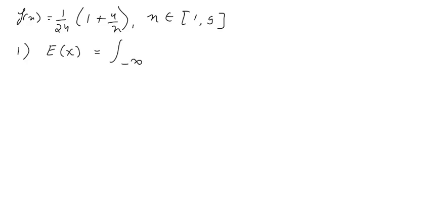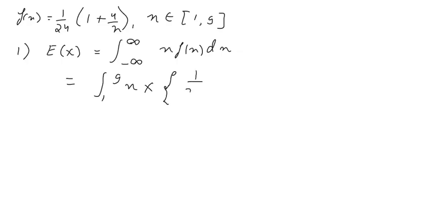E(x) is the integration from minus infinity to plus infinity of x times f(x) dx. Now solving this equation and putting in the values from the given function, we will get the integration from 1 to 9 of x multiplied with 1/24 (1 + 4/x) dx.